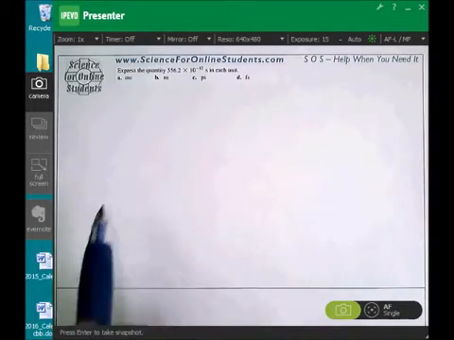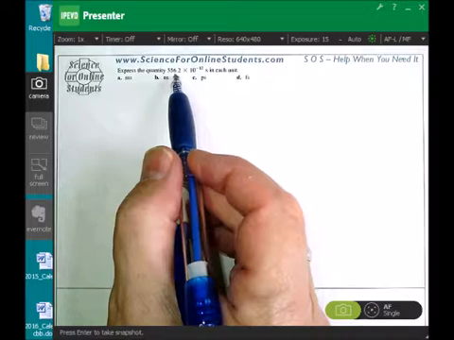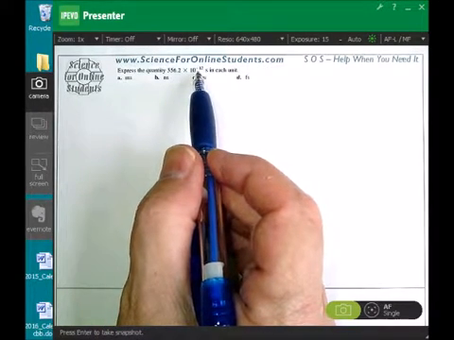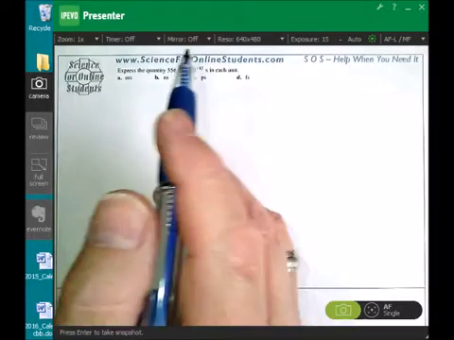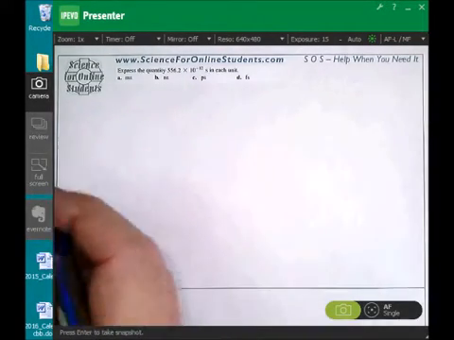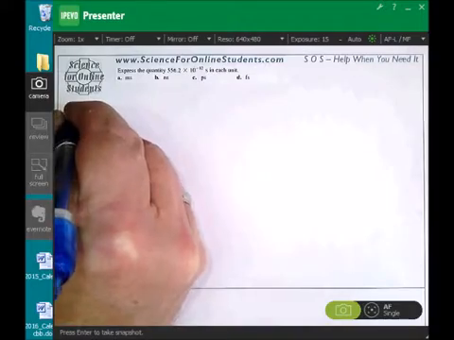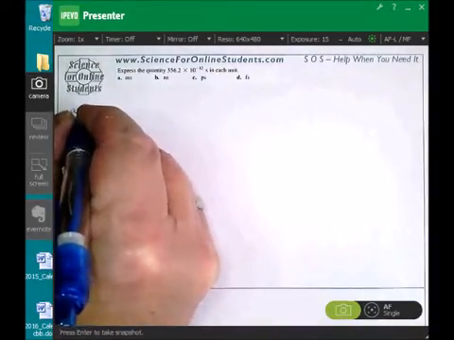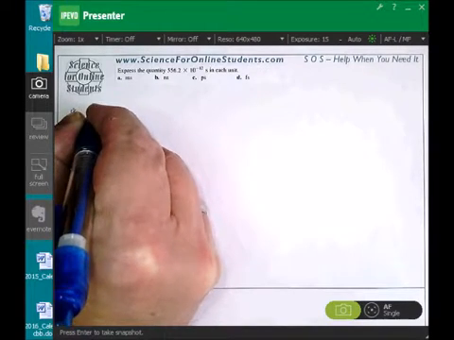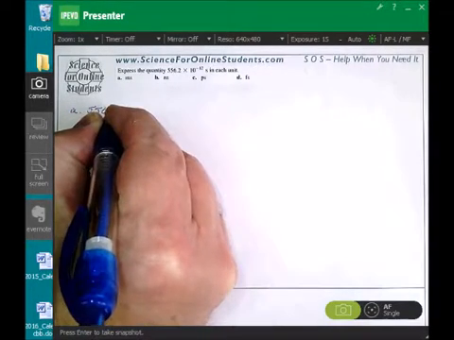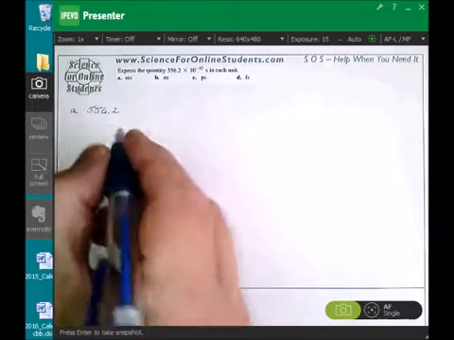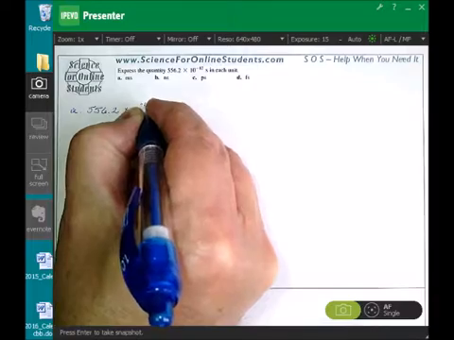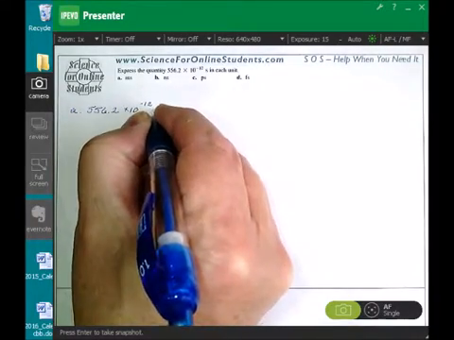Okay, express the quantity 556.2 times 10 to the minus 12 seconds in each unit. It's a serial conversion. So we're starting with 556.2, and this is not proper scientific notation, times 10 to the minus 12 seconds.